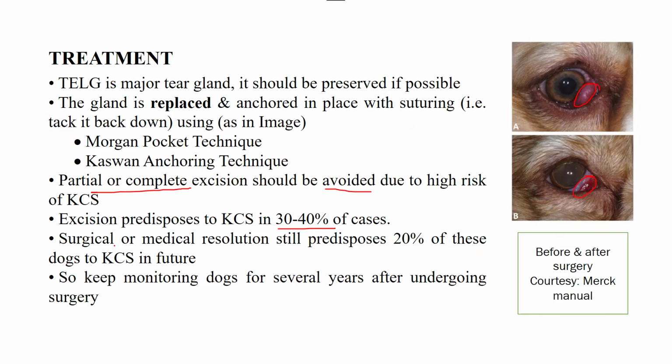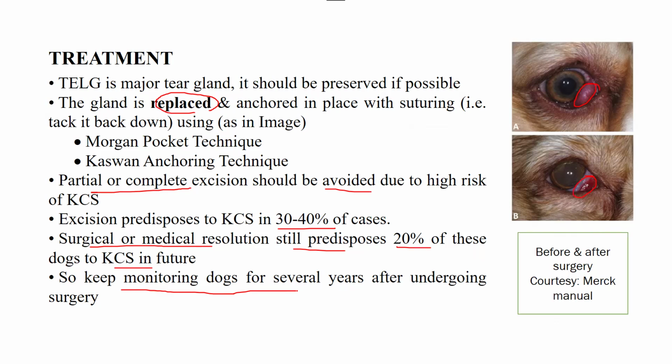Also, not only the excision, but even if you are not going to do the excision and you just replace the gland, that surgical or medical resolution will still predispose 20% of these dogs to KCS in future, and that's why you have to keep monitoring dogs for several years after undergoing the surgery for replacement of this gland.